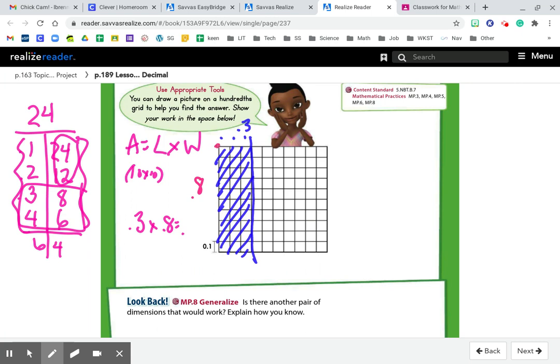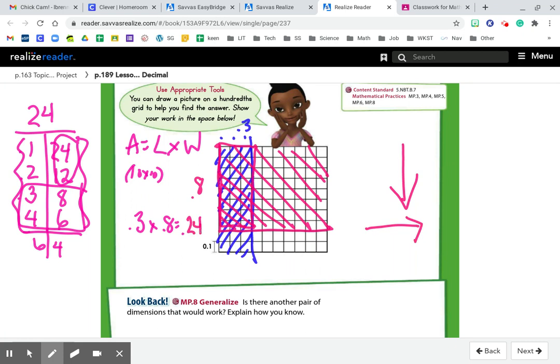I'm going to start up in the corner there, count down 8, and I'm going to show 8 tenths. So I have 3 tenths as my columns and 8 tenths as my rows. The overlap is equal to 0.3 times 0.8 equals 0.24.